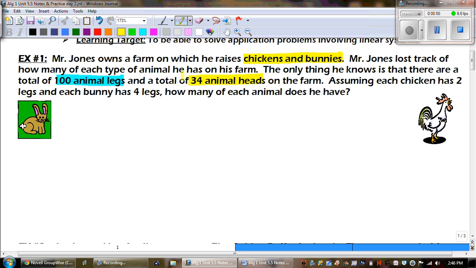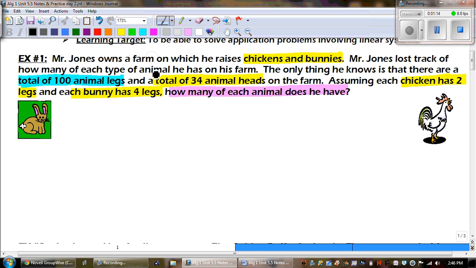So look to see where those two words are. Assuming each chicken has 2 legs and each bunny has 4 legs, how many of each type of animal does he have?